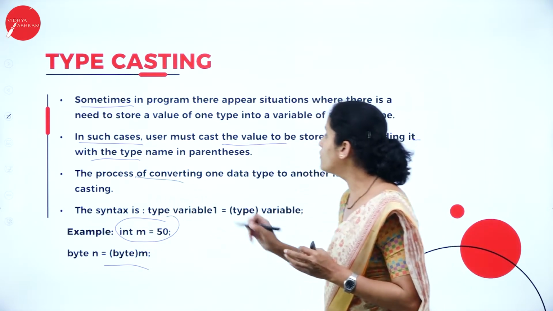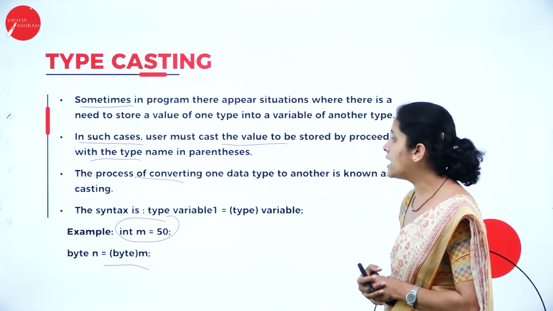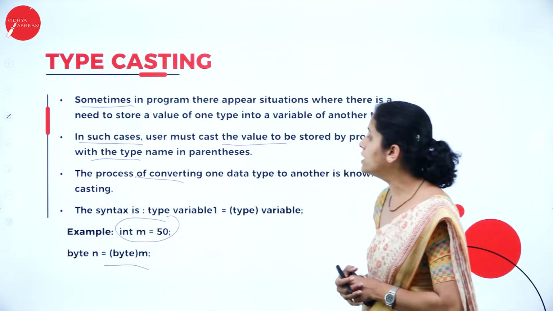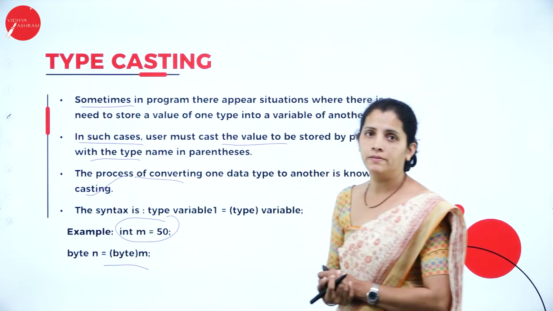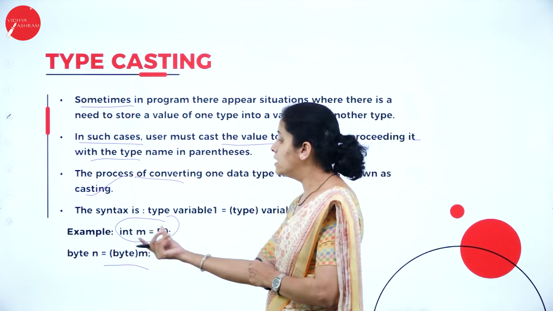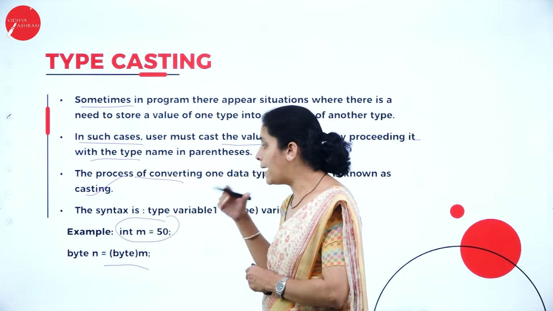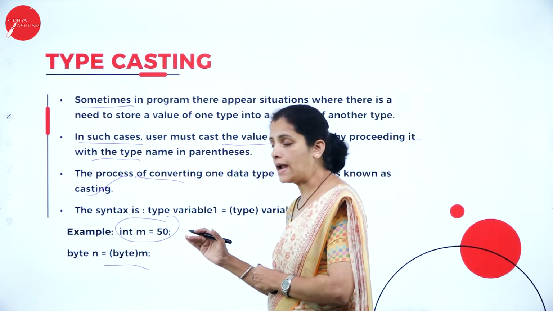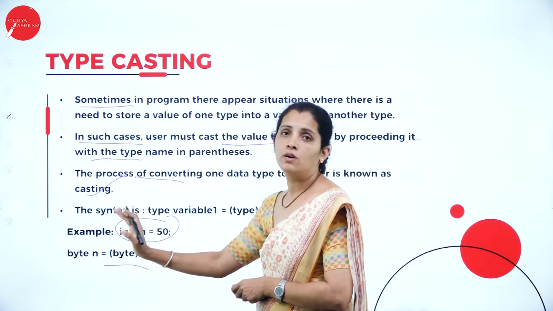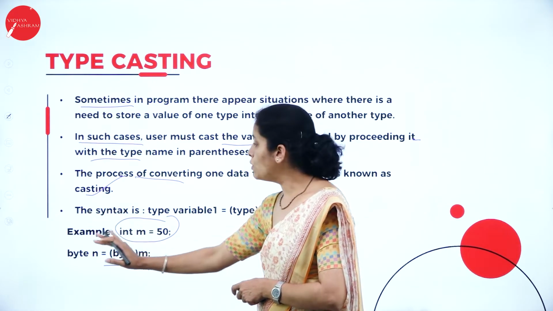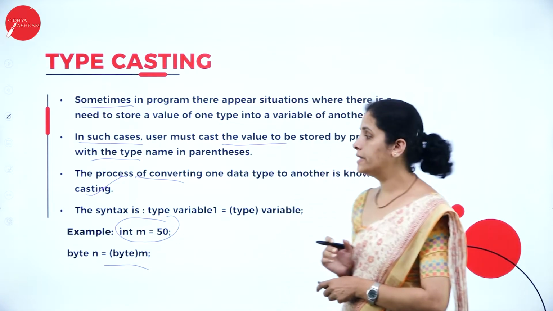The process of converting one data type to another is called casting. So here I have one type of data, that is integer. Now manually I'm going to convert that integer to byte. It is known as typecasting.